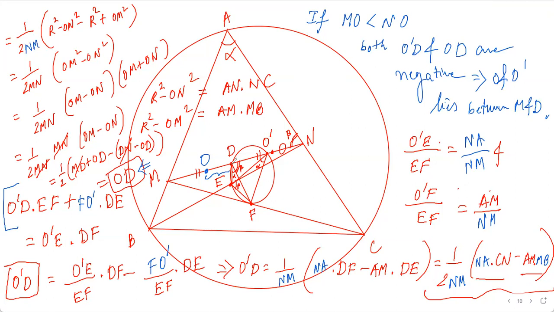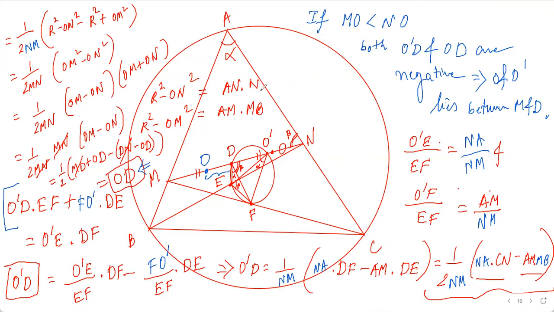And the point N, so NA times, let's replace this, that is AN times NC.